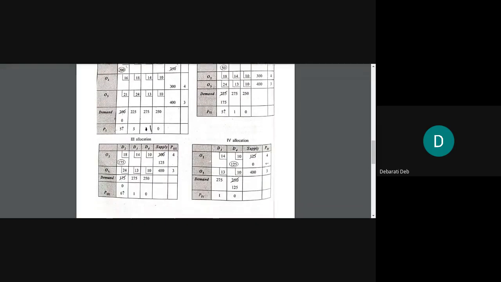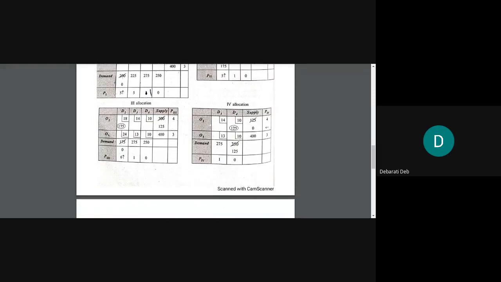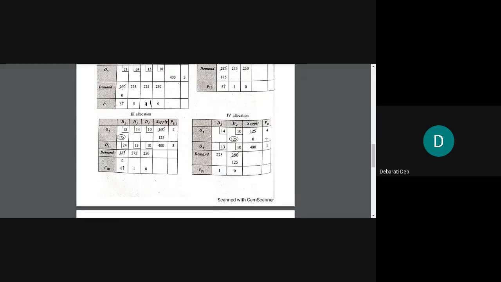So in the third allocation, we will omit O1 and it will be simply O2, O3, and the columns will remain the same as in the second allocation. They will be D2, D3, D4. And for the supply side and demand side, write the numbers by considering the last allocation. This is how you should proceed. You will go on doing like this.